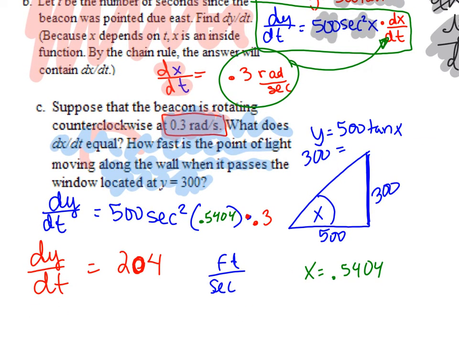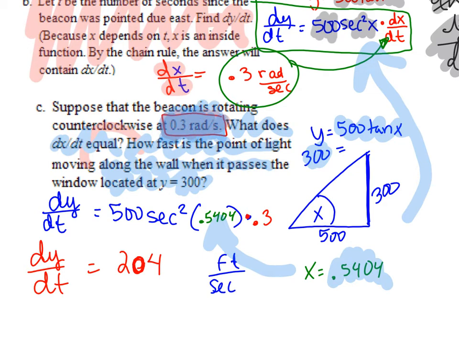So go ahead and let 500 tangent equal 300, and then do what we usually do with the arctangent, what we did in the last problem. You should get this. Plug it into this equation that we just created, and this time put in the answer that they gave us to the question they asked right after, which is 0.3.